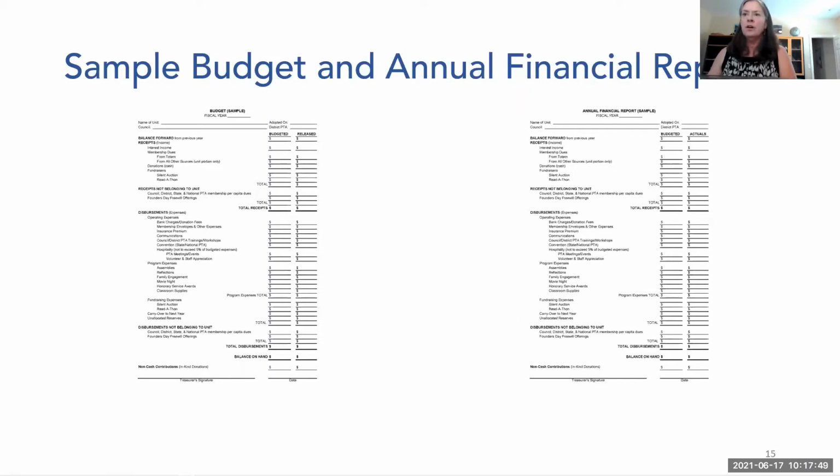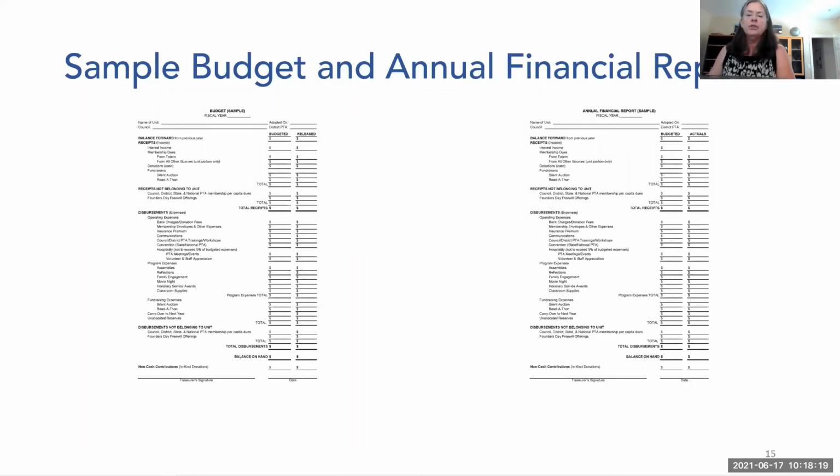So these are samples in the toolkit of both the sample budget and the annual financial report, which is your budget with the year-end numbers that actually happened. But your reports can look different depending on what program, what financial software your PTA is using, if any. As long as the information is contained in the budget, it can look slightly different.